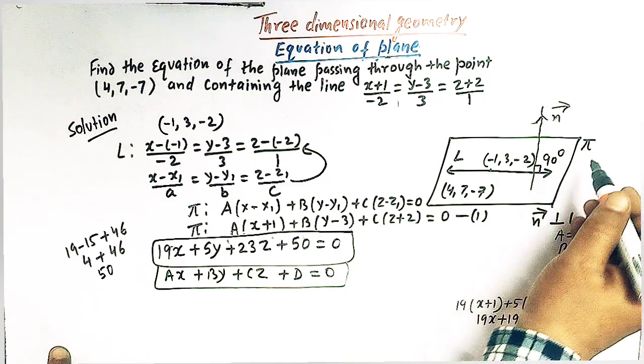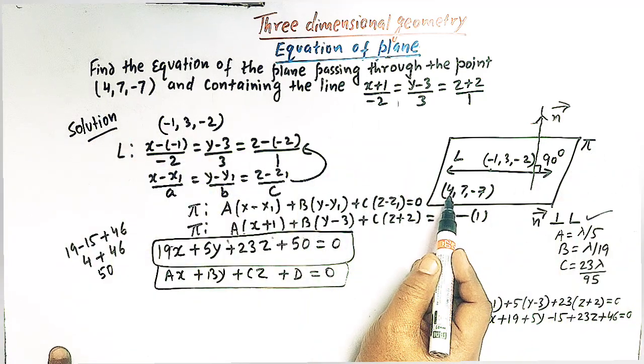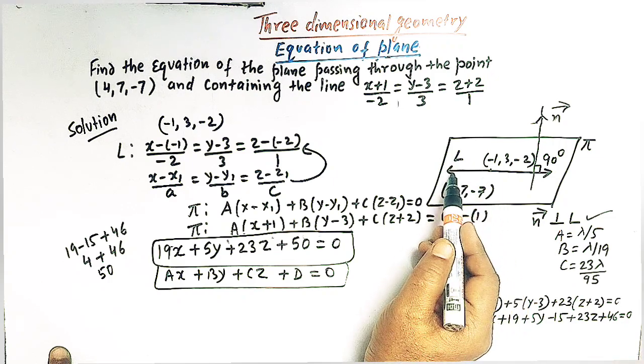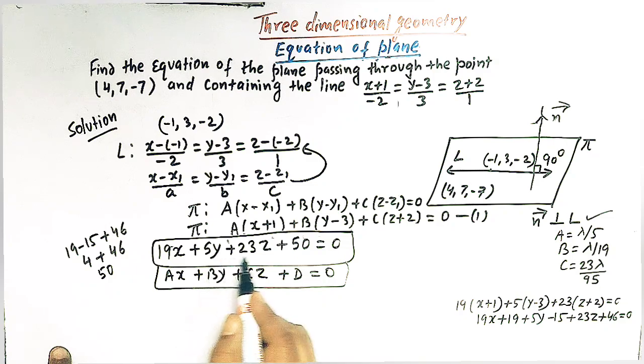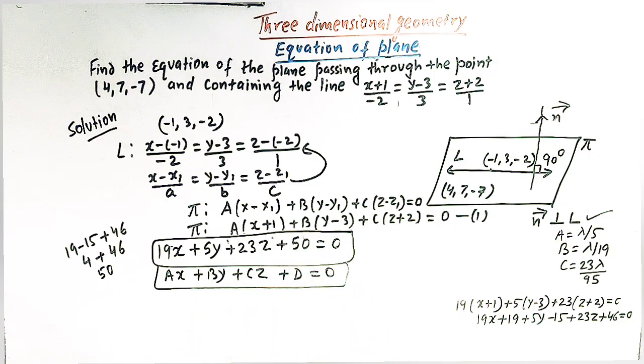So the required equation of this plane, which passes through this point 4 comma 7 comma minus 7 and containing this line L, is given by 19x plus 5y plus 23z plus 50 is equal to 0.